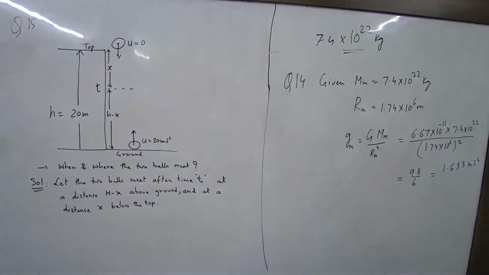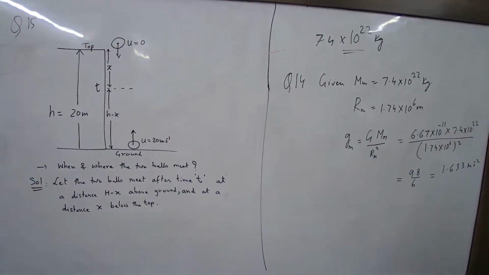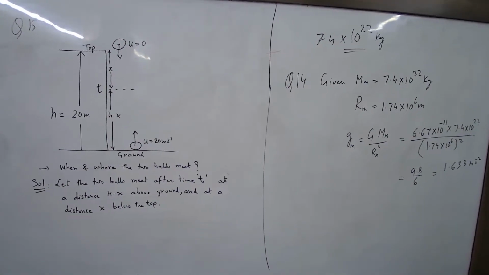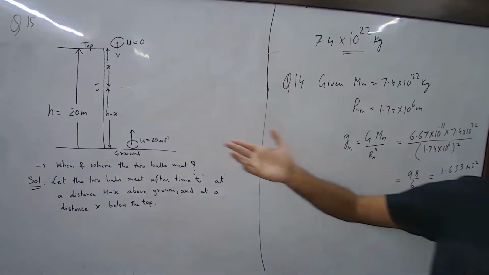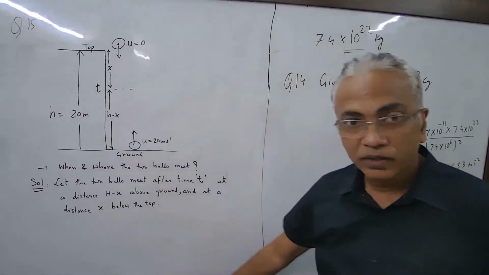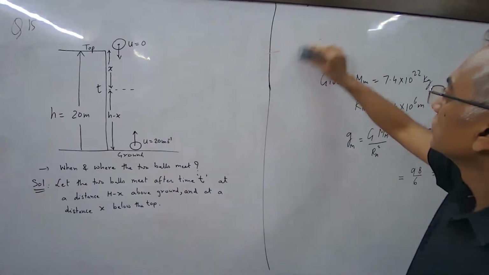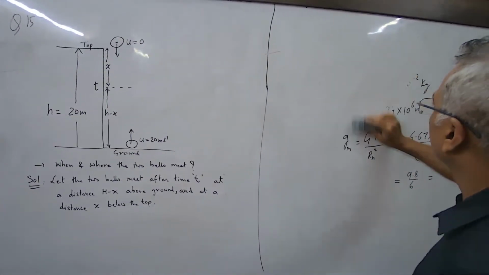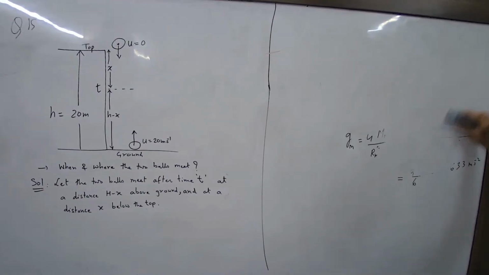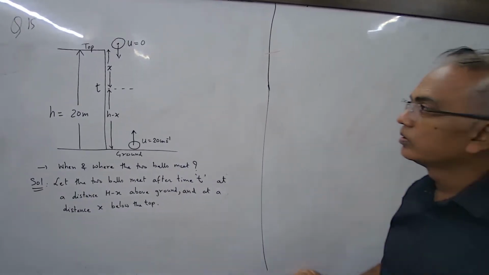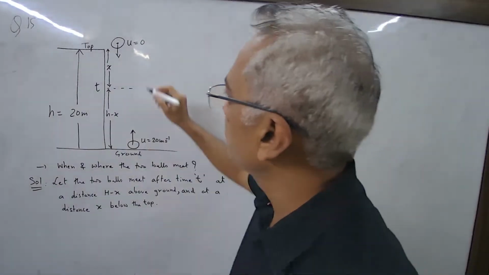So have you understood what is given in the question? We have to find basically x and t. Then h is given, so h minus x can be calculated. So how do we find this now? Obviously, there will be g, right?